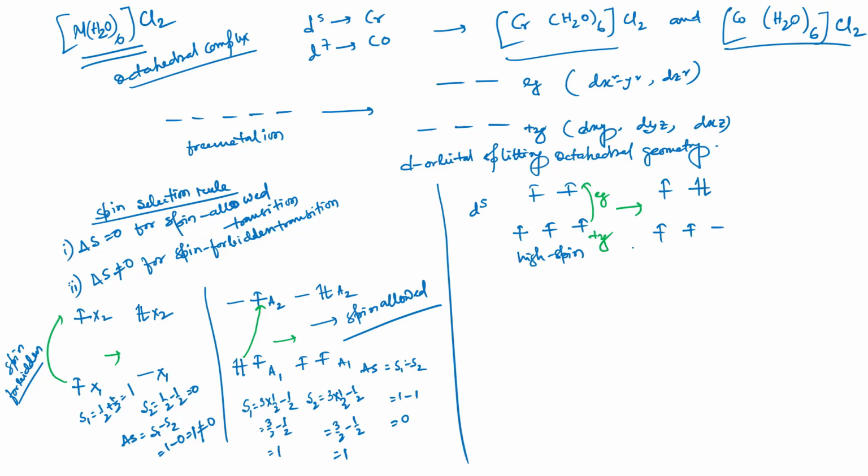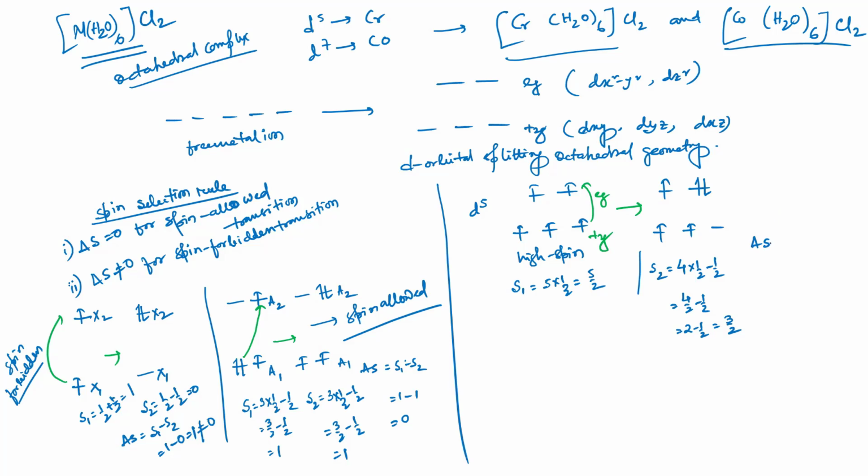The spin of the first configuration S1 will be 5 into half, that is 5 by 2. The spin after the d-d transition S2 will be 4 positive half electrons and 1 negative half electron, so 4 by 2 minus half, that is 3 by 2.